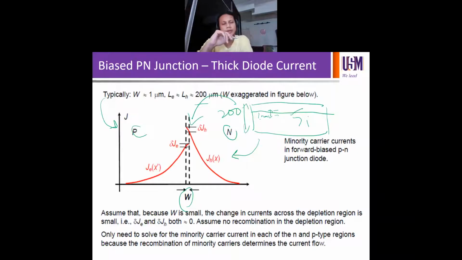So the profiles are pretty much like that, but we don't know whether JH is higher or lower than JE. Ni cuma contoh je.